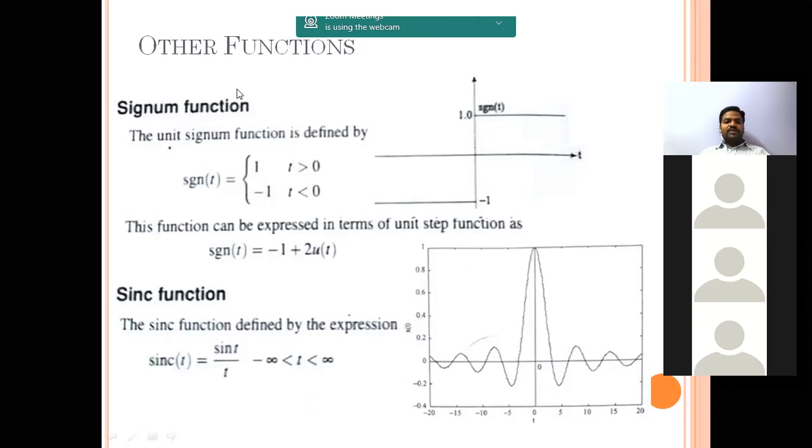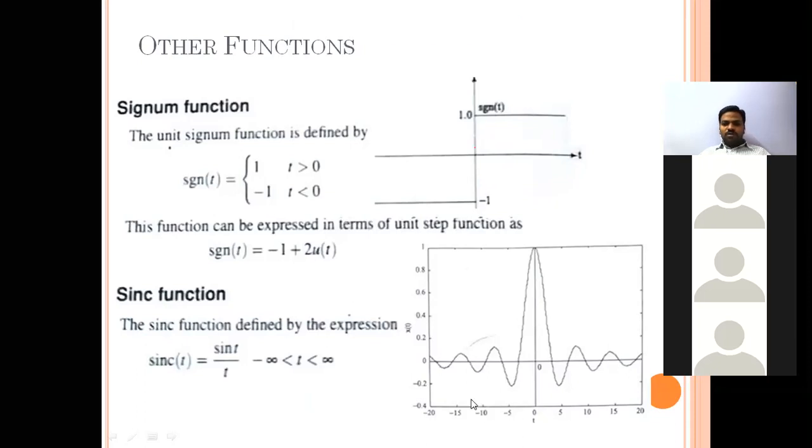Next, one more function is also available, that is the Gaussian function. The Gaussian function is rarely used, but sometimes you are asked to... Tell me any doubts?